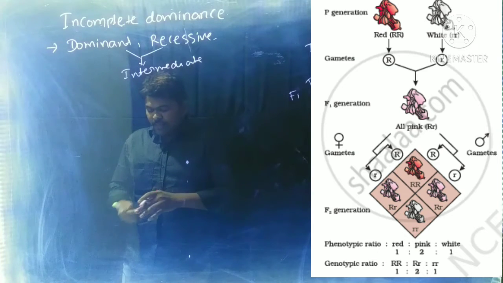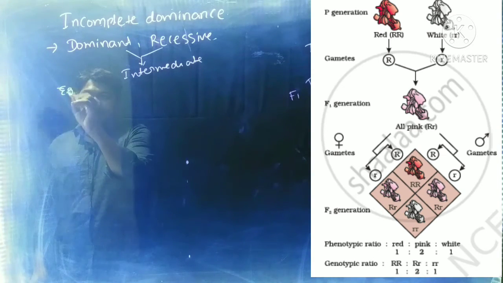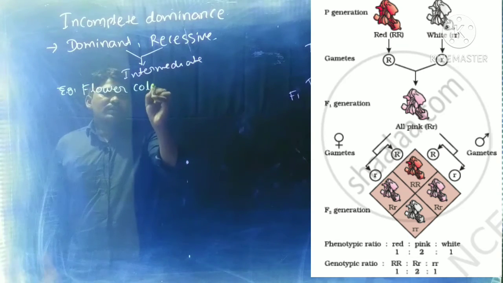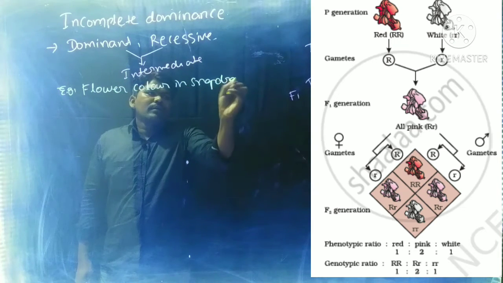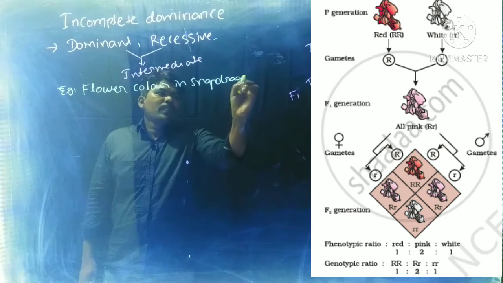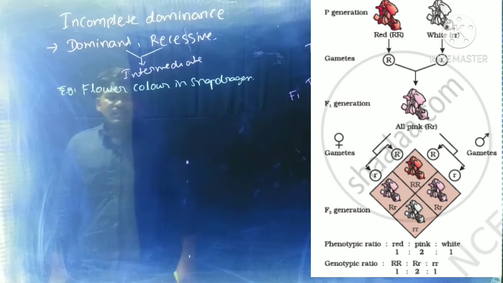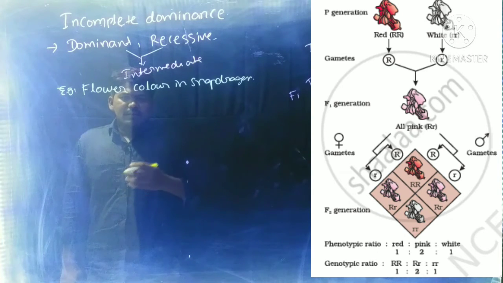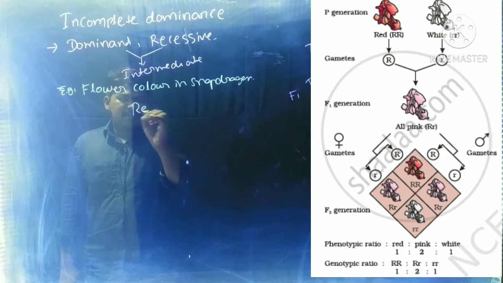Example for incomplete dominance: flower color in Snapdragon. If you see the flower color in Snapdragon, the dominant flower color is red.